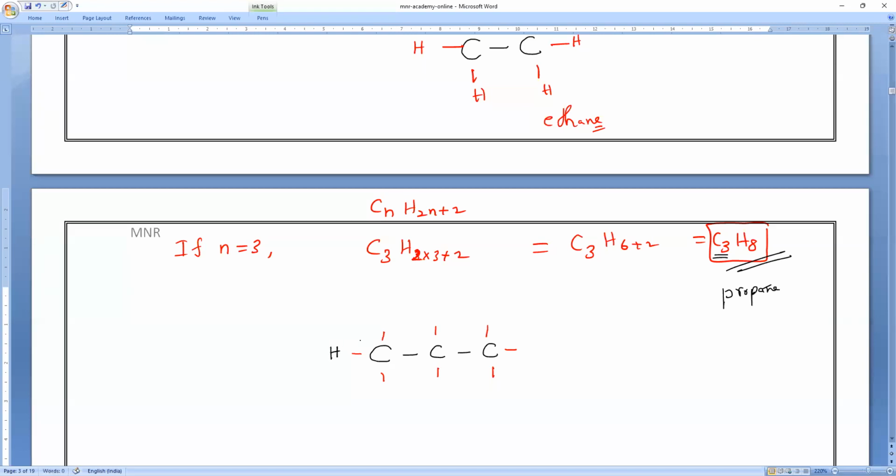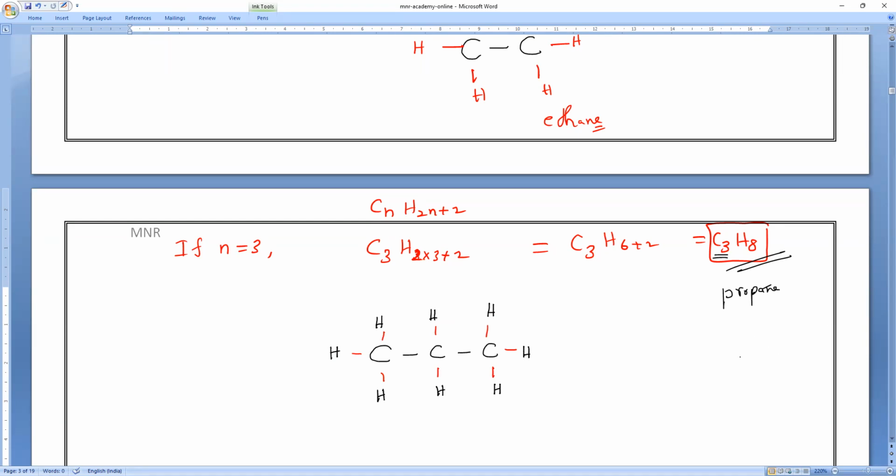Every carbon has to satisfy how many bonds, guys? 4 bonds. No confusion at all. Your mind has to remember that every carbon has to satisfy tetra covalency. If it is satisfied, your answer is right.